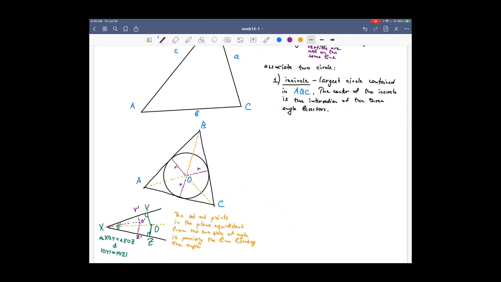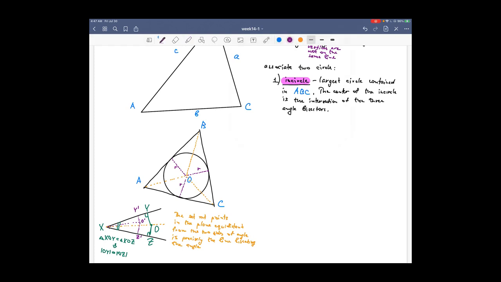And again, this is called the incircle. The circle that touches the triangle internally at three sides. Its center is the intersection of the three lines bisecting the angles.